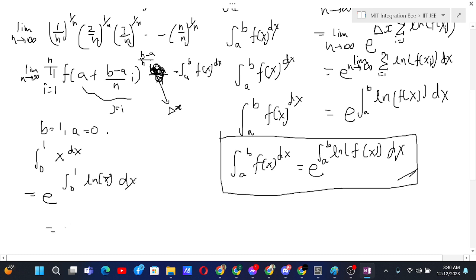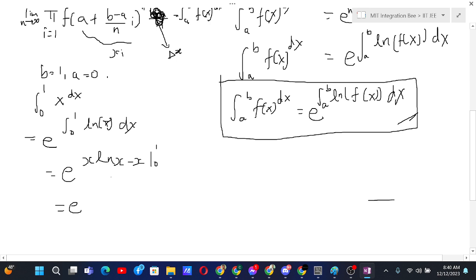Now this will be e to the power of x ln x minus x, since Riemann integrals are easy, from 0 to 1. So that will be e to the power of 1 ln 1 minus 1, which is minus 1, minus 0 ln 0. The 0 ln 0 term is actually equal to 0, because the x will dominate, and x will also be 0, so this will be 0. So that will be e to the power minus 1, which equals 1 by e. So that's how we can solve this limit.